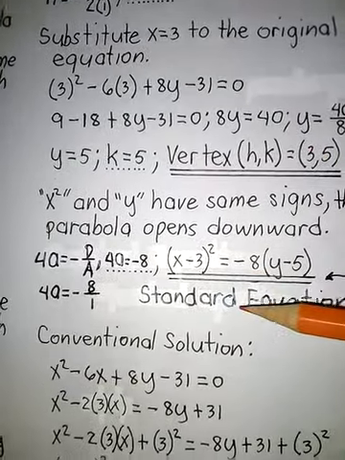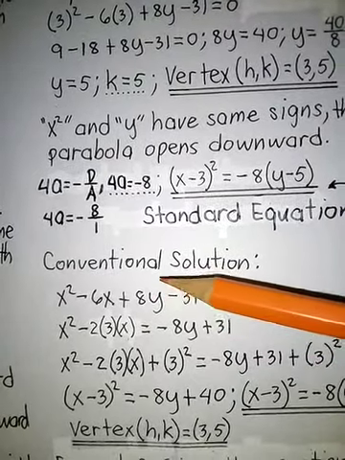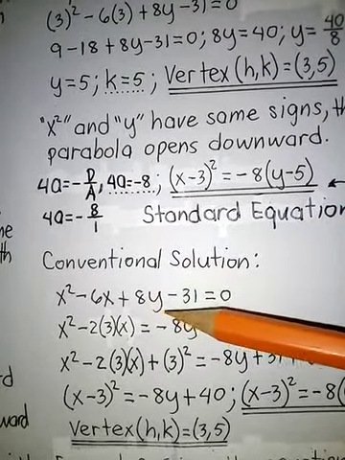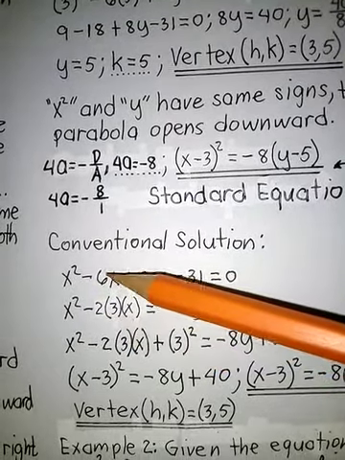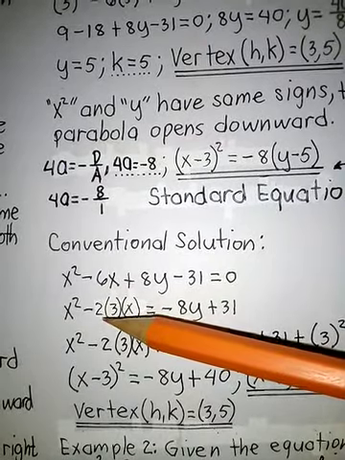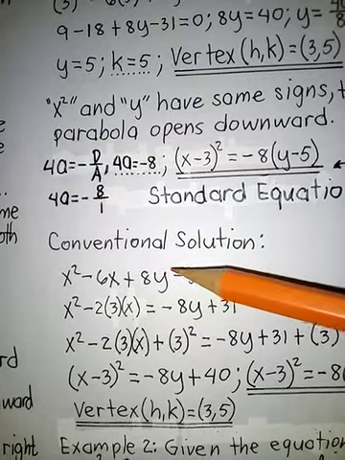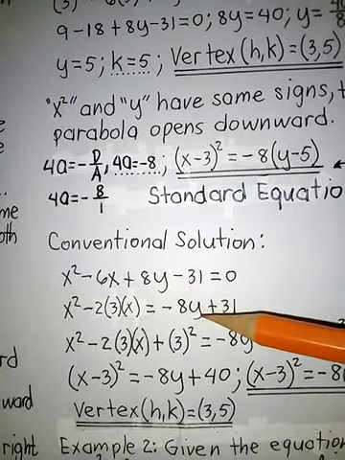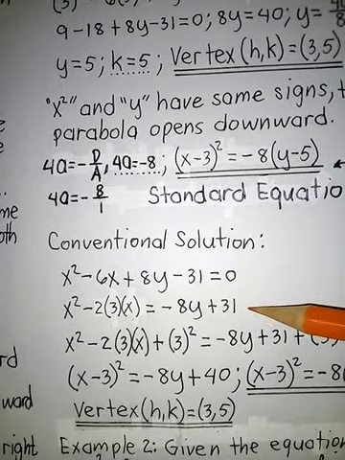Using the conventional solution, we have the equation x squared minus 6x plus 8y minus 31 is equal to 0. We have x squared, and from 6 let us factor out 2. So we will have negative 2 multiplied by 3 multiplied by x is equal to, transposing 8y, negative 8y, and from negative 31 this will become positive 31.